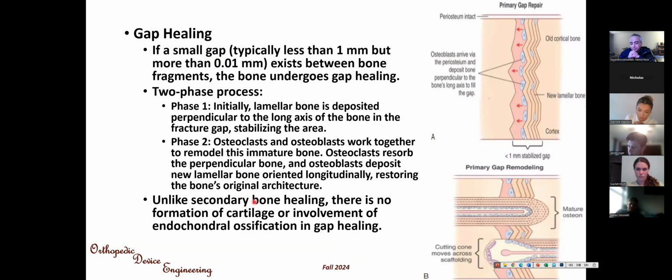Gap healing happens when we have a strain less than 2%, but the distance between the fracture surfaces is between 1/10 of a millimeter and 1 millimeter. It is less than 1 millimeter.